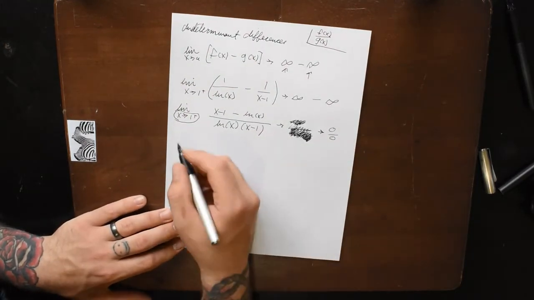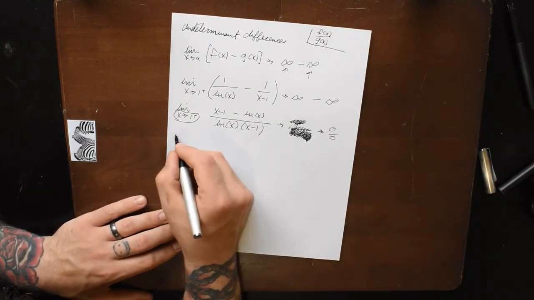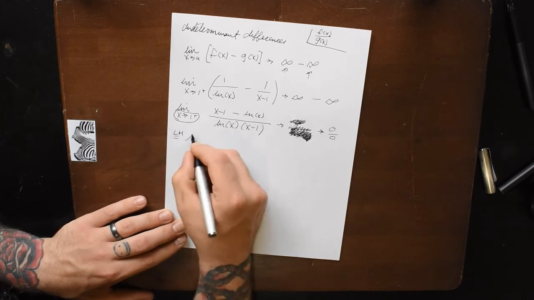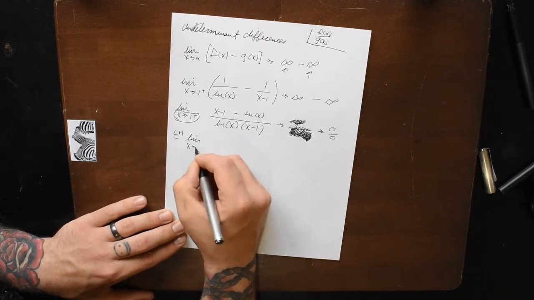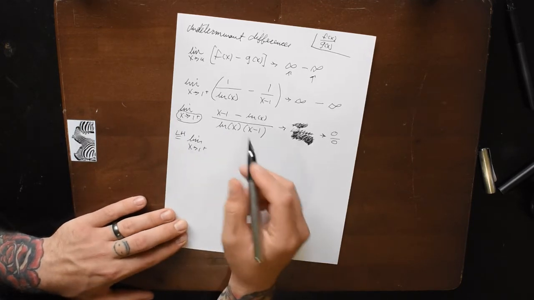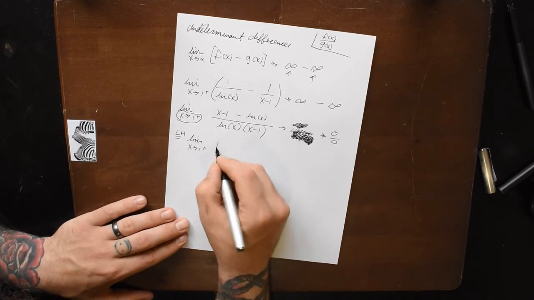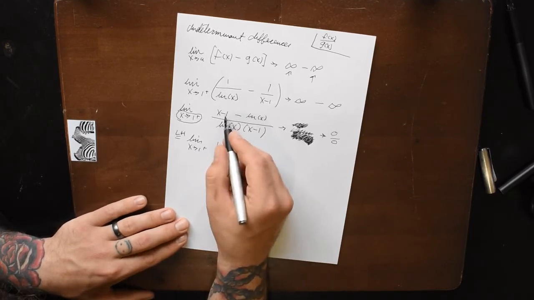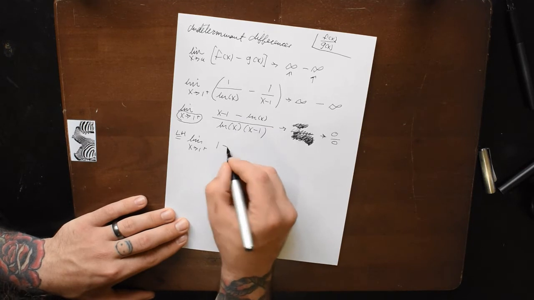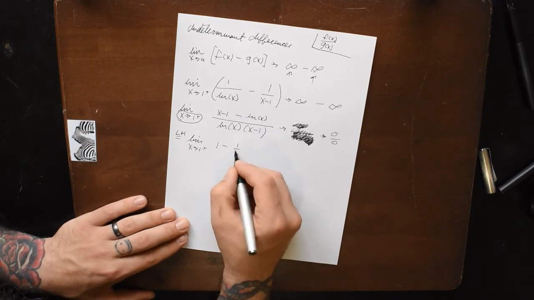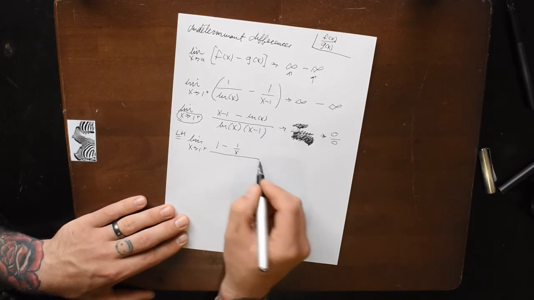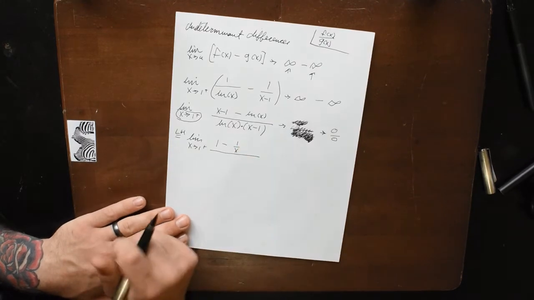So this thing is equal to, by L'Hopital's rule, the limit as x goes off to 1 from the right of the derivative of x, which is 1, minus the derivative of 1, which is 0, minus the derivative of natural log of x, which is 1 over x, divided by, now we've got a product of two things.